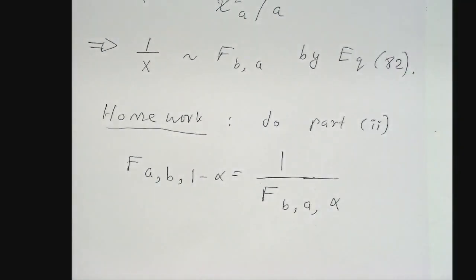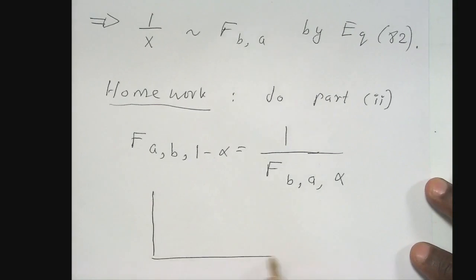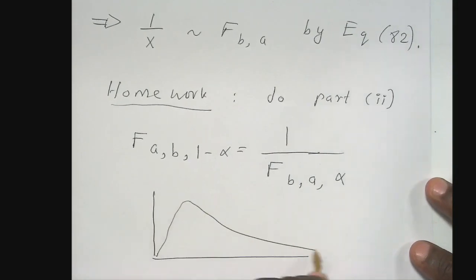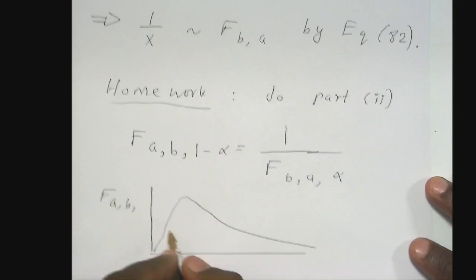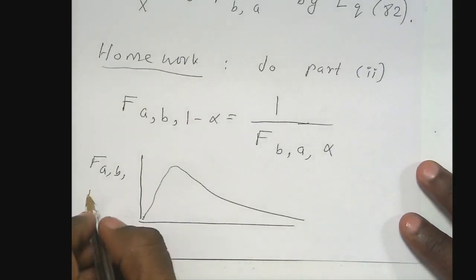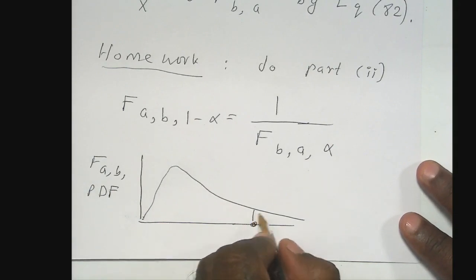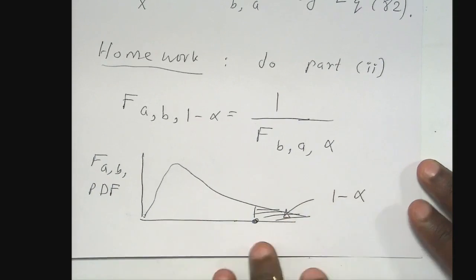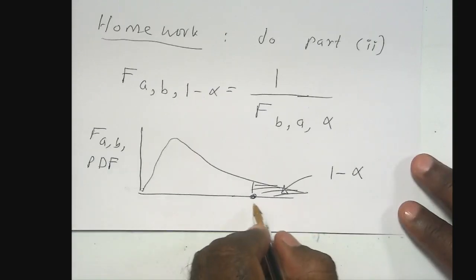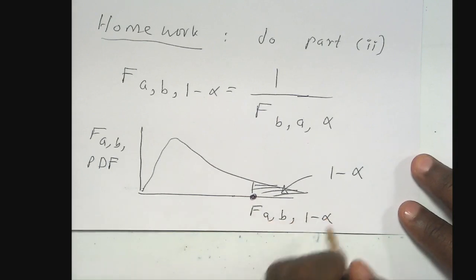It's a percentile, meaning that, for example, if this is the PDF of F a b, then the point over here that has an area above it equal to 1 minus alpha is equal to F a b comma 1 minus alpha.